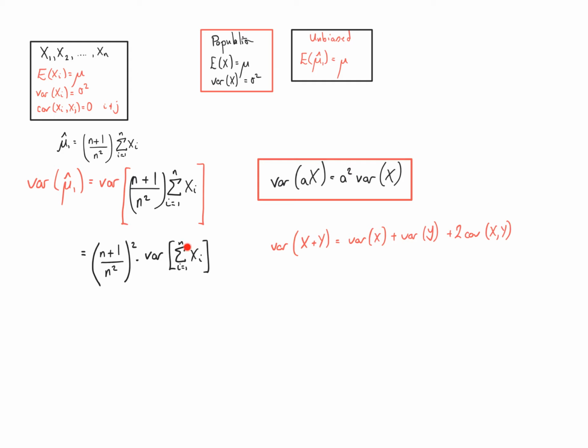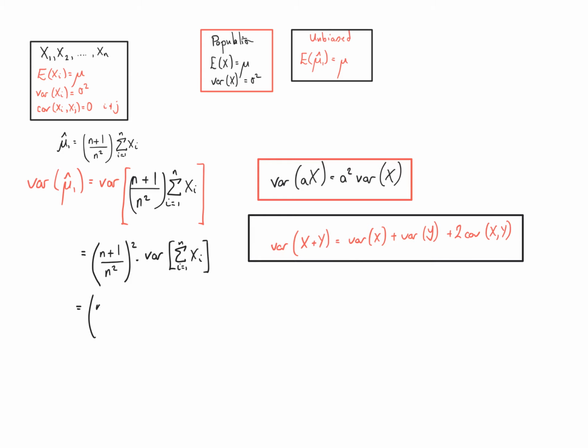So we can rewrite this, first of all with our common factor, n plus 1 over n squared, all squared. We can rewrite the variance of the sum of the xi's as being equal to the sum of the variances of xi. So that's the variance of x1 plus the variance of x2 plus the variance of x3 and so on, all the way up to the variance of xn.